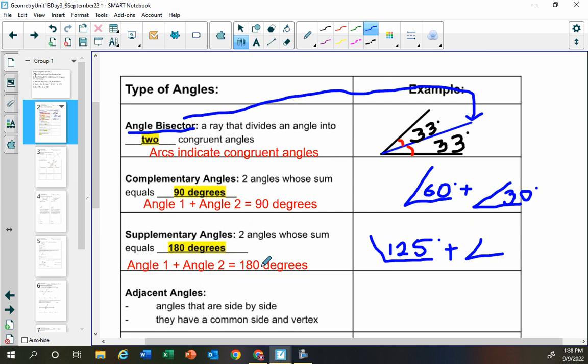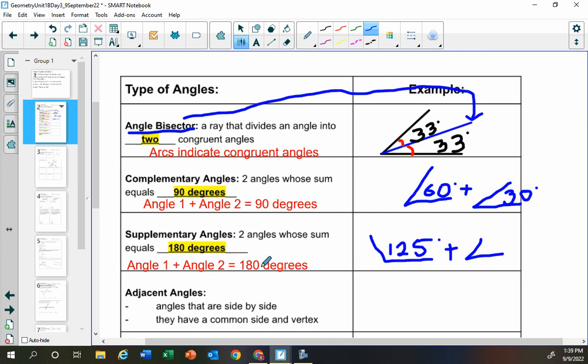How much? Careful. A little too high. Now 65. What were you going to say? 55. A lot of us went 180 minus 120. That's where we got the 6.